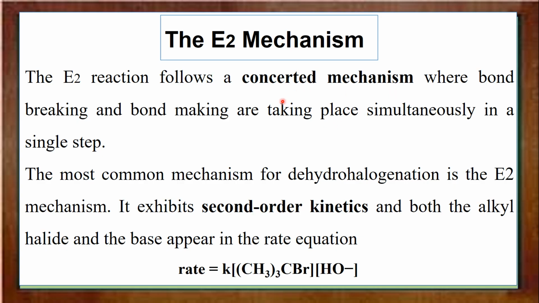The most common E2 elimination reactions are dehydrohalogenation of alkyl halides. And this E2 mechanism exhibits second order kinetics because both the alkyl halide and the concentration of the base are appearing in the rate equation. Therefore, this E2 mechanism follows second order kinetics.